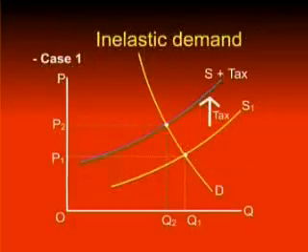Now, the results about the incidence of taxation can be summarized by these 4 diagrams. In case 1, when demand is inelastic, it is easy to see that both producers and governments are happy with the tax on the supply of the good, right? And it is the consumers who will eventually pay most of the tax.